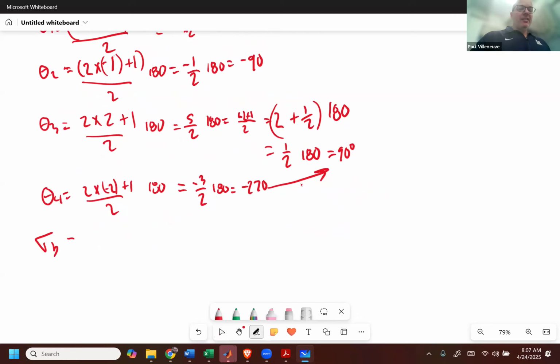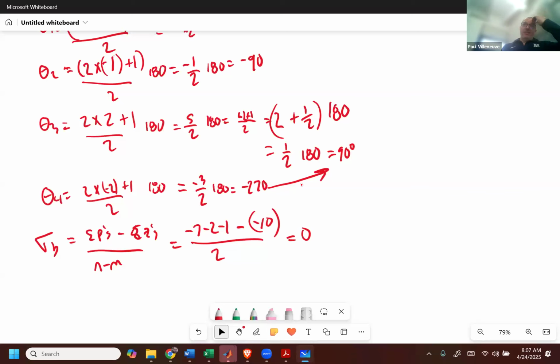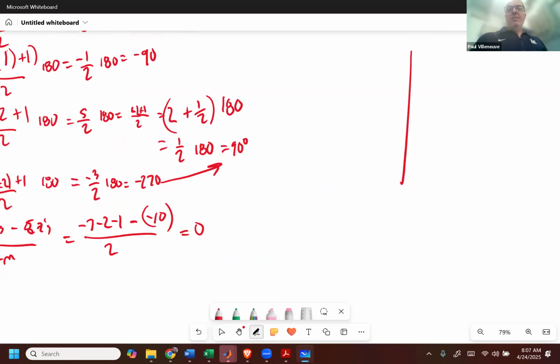That's the sum of the p's minus the sum of the z's, divided by n minus m. So that's -7 minus 2 minus 1 minus -10, all over 2. That's equal to 0, isn't it? -7 minus 2 is -9, minus 1 is -10, plus 10 equals 0. So now I can start to draw asymptotes, and I'll try to draw with a different color here.